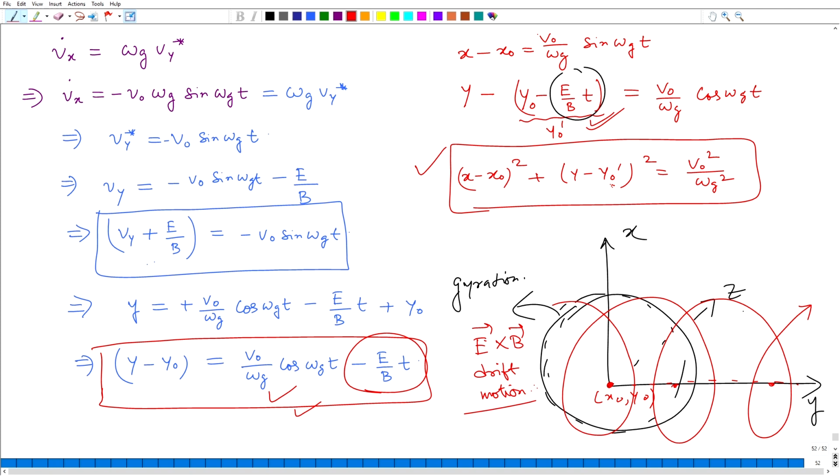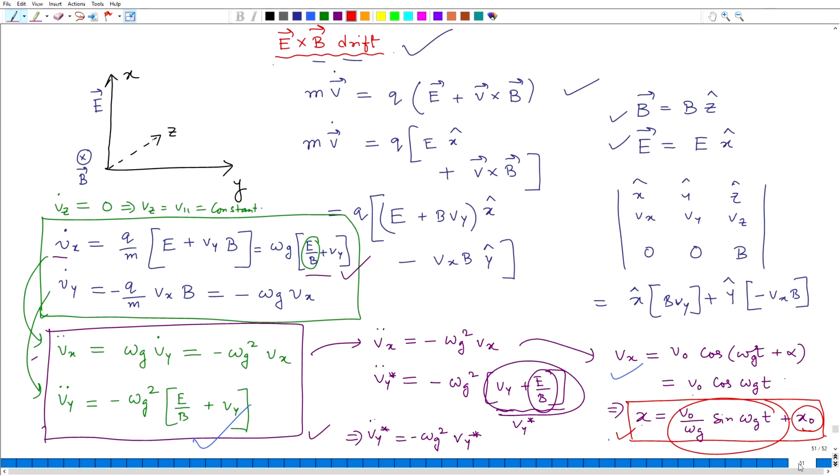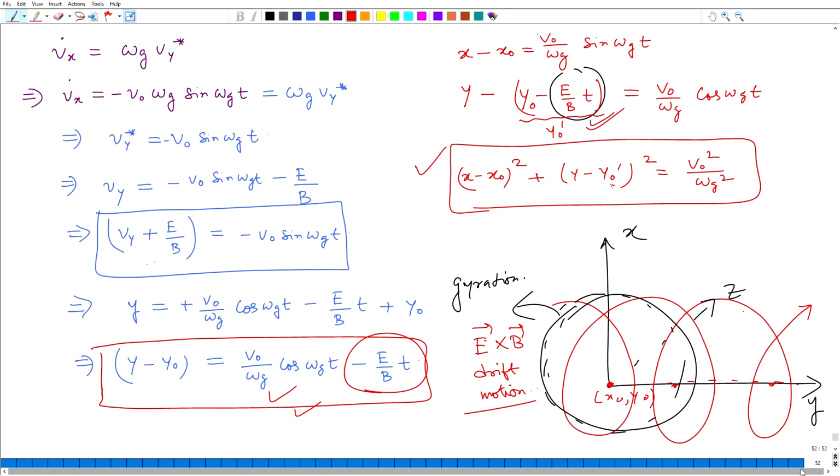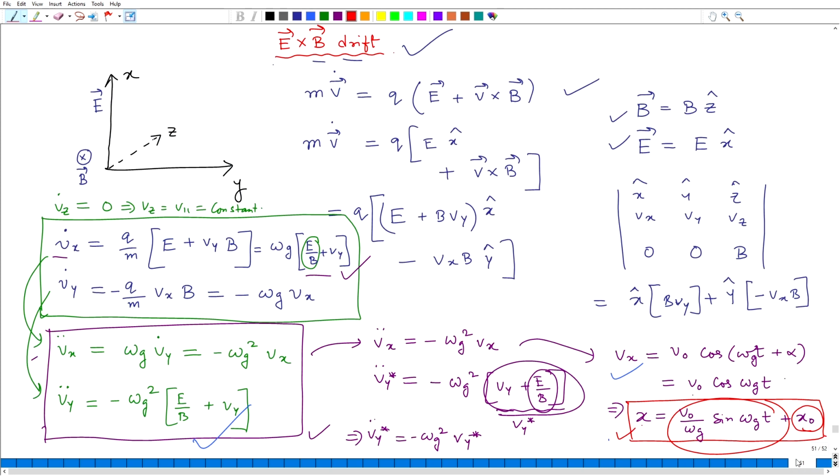Okay. Why is it called E cross B drift motion? So, if you write the component of the force over here, you will see, just a minute.